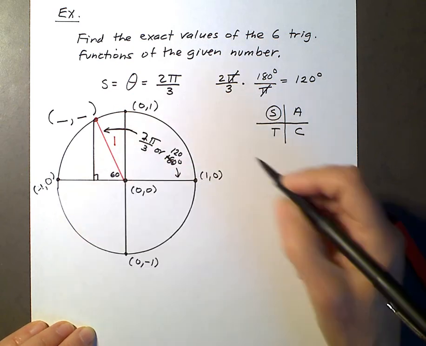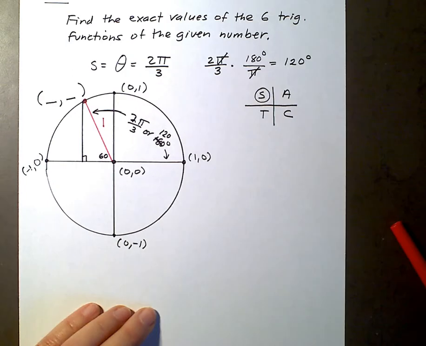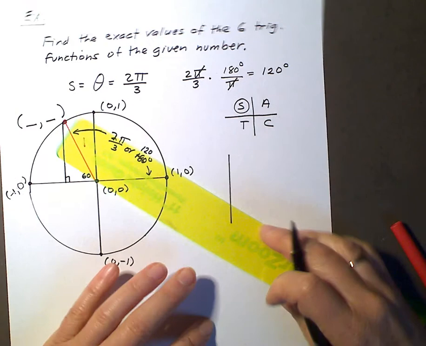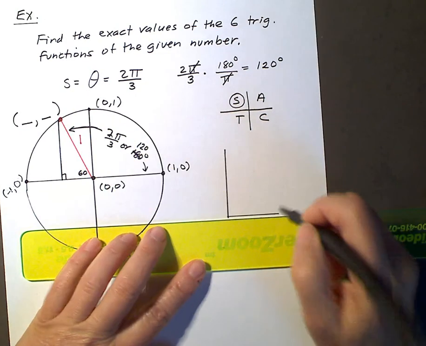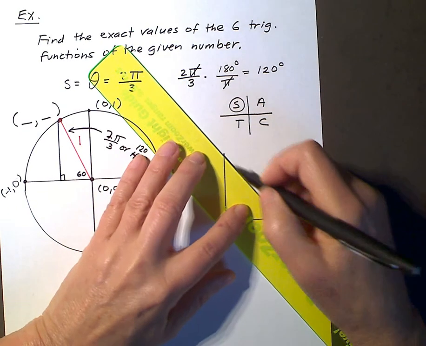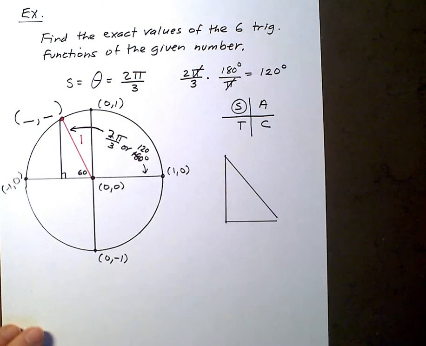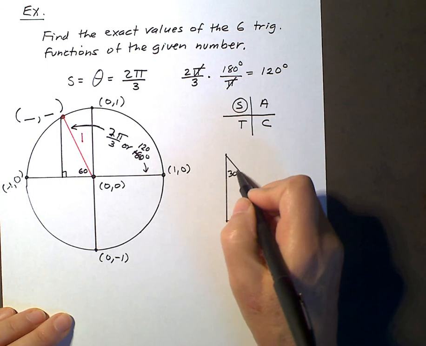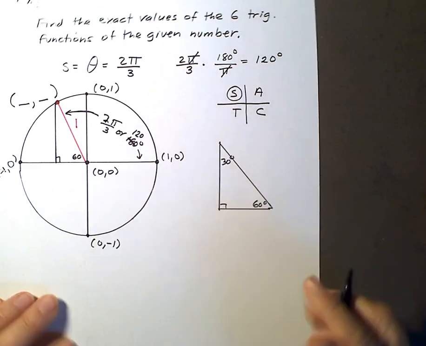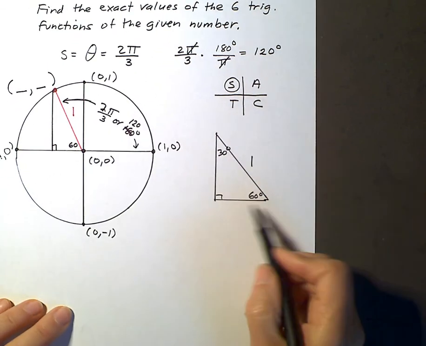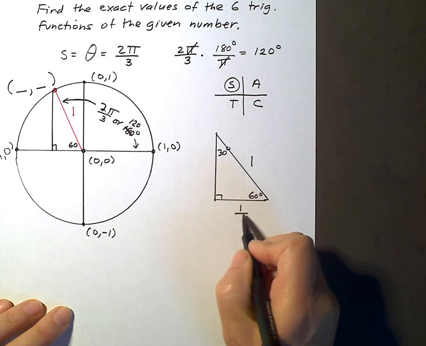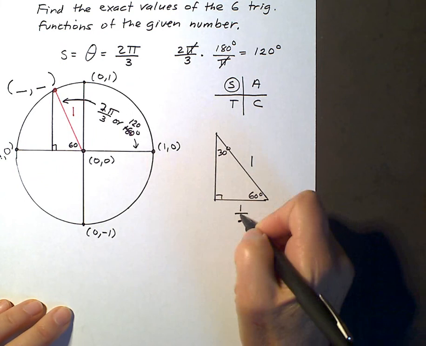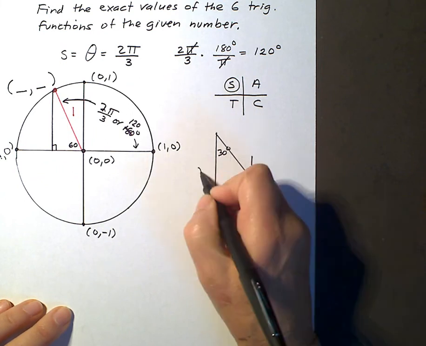So I'm going to redraw that triangle out to the side. Okay, so if this is a 60 degree angle, then this is a 30 degree angle. And if this radius is 1, then I know the short leg here is 1/2, it's half of the hypotenuse, and this leg is short leg times root 3, so this is root 3 over 2.